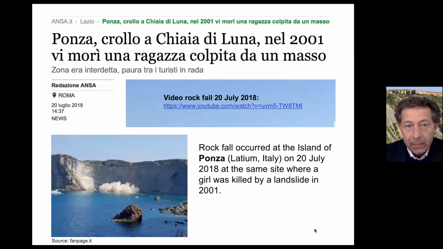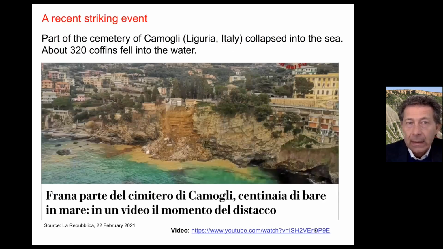But nevertheless, some people were around, and when you have landslides like those, of course, you can also have tsunamis as an induced effect. And so also those who are not on the beach but on the boats nearby can suffer from the effects of these landslides.